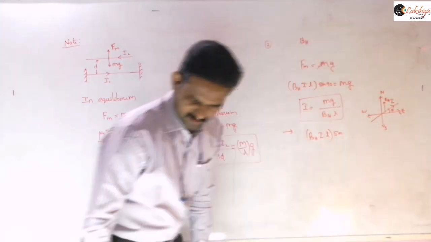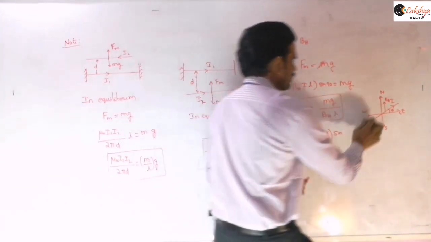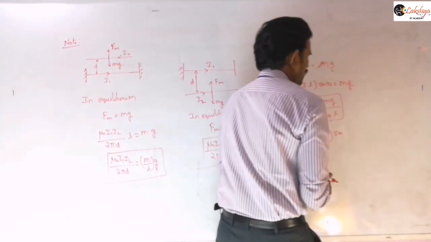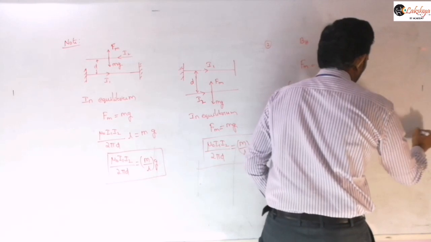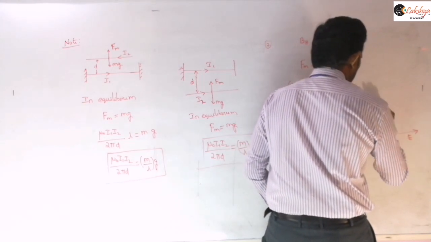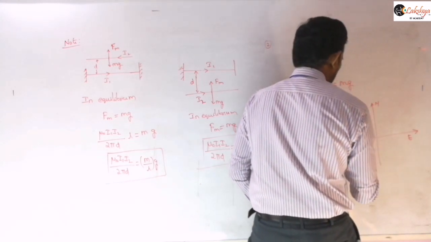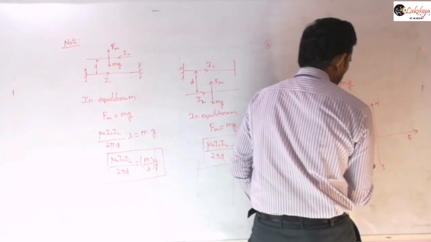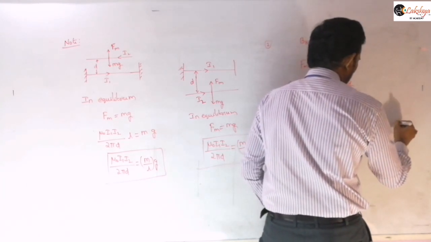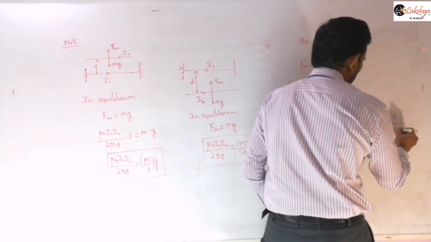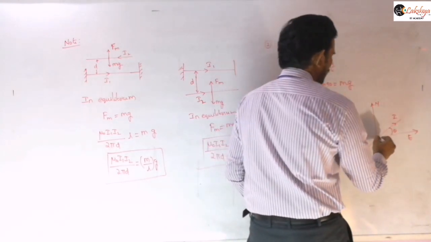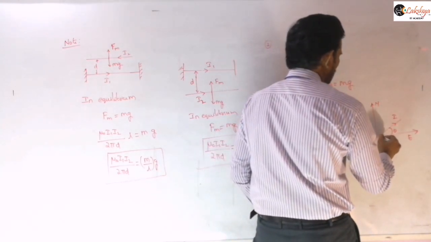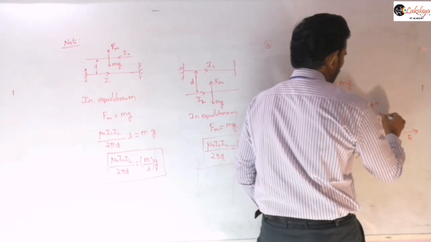I will draw a bigger diagram so it will be clearly visible to you. So this is east, north, west and south. Now this current carrying conductor I here is making a certain angle theta, and this BH direction will be along this direction here.